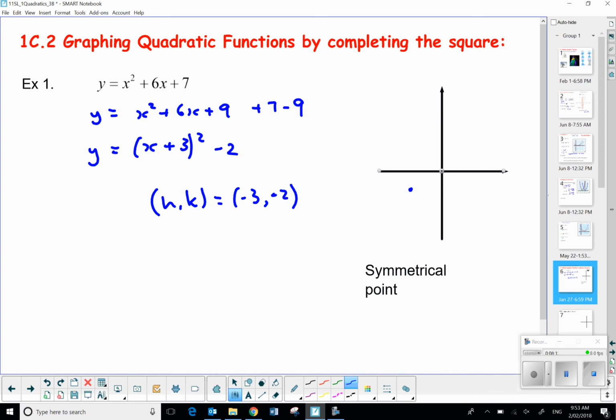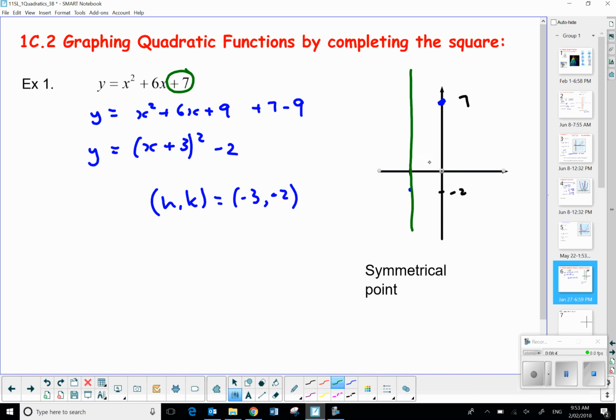We know that point. From the original equation, we know that our y-intercept is at 7. Let's put a bit of a scale on here. 2, 4, 6, 7 is probably going to be up here. So we know there's a point here. And if we think about our axis of symmetry is here, it's totally symmetrical.